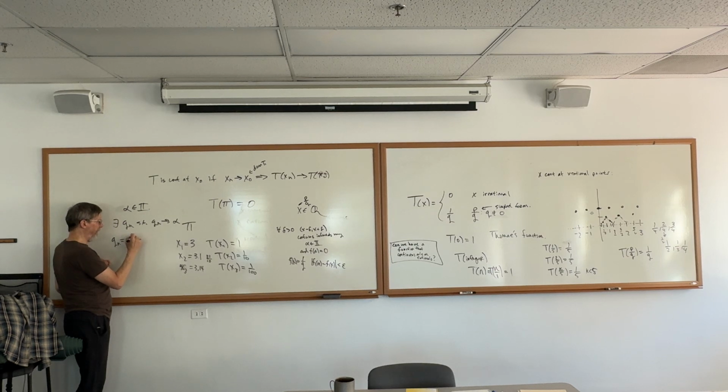Let's just call them p sub n's. They're just going to be integers that come on top here, and they might be more than the denominator, but it's still a sequence of integers. So each of these q sub n's can be written as something over a power of 10, and then t of that q sub n is going to go to 0.